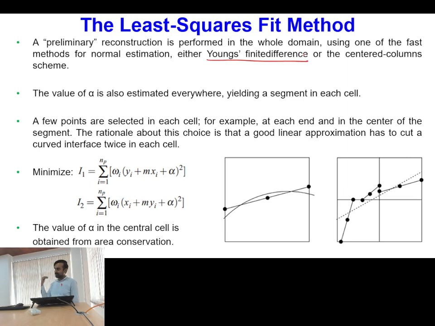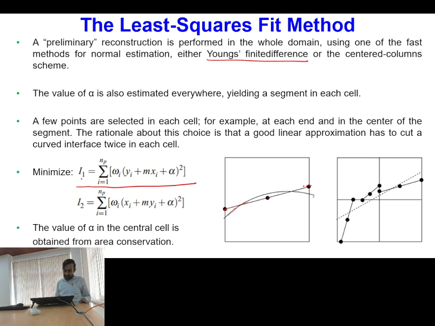Whatever initial interface profile you get with that method, just plot it, and then divide this line segment into 3 parts in a computational cell. Is this point clear? Then you use these 3 points to construct your actual interface profile, define some error function, and try to minimize its value.